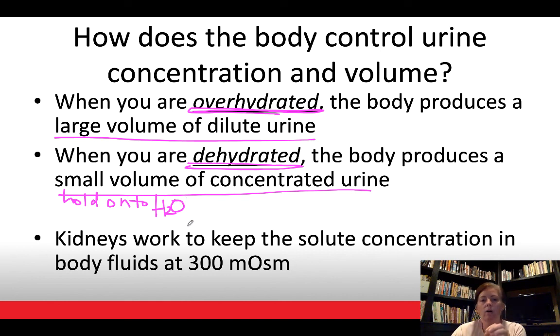Kidneys work really hard to keep the solute concentration throughout our body at 300 milliosmoles, okay? And so it does that by concentrating our urine so that we're able to maintain a concentration throughout our body at 300 milliosmoles.